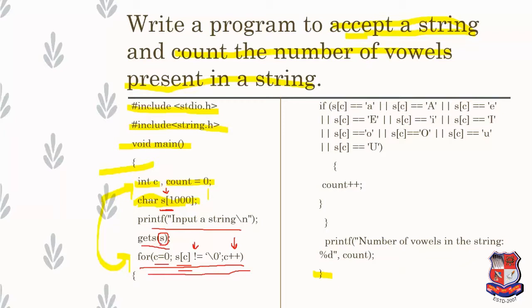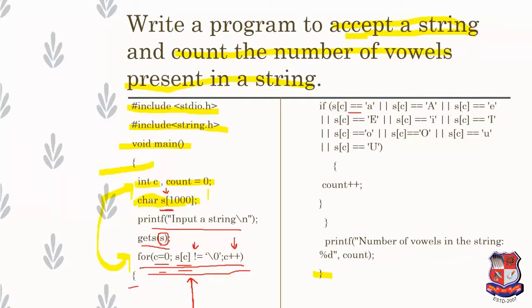So there is one important pattern in every string program: you start with index 0, then you check the condition s of c not equal to null, and c++. At the first step c is equal to 0. At that time it will check what is there in the for loop, inside the curly braces. If s of c is equal to a, the double equal to is used for comparison.